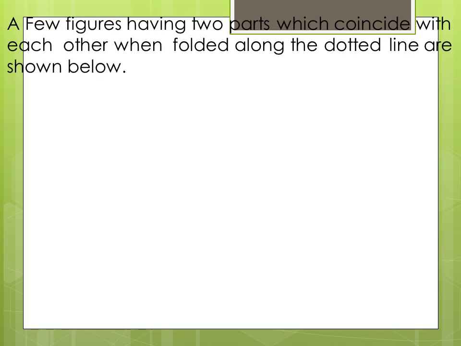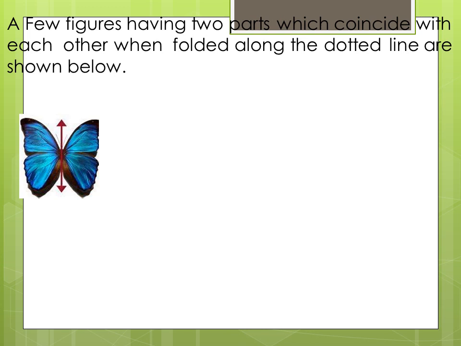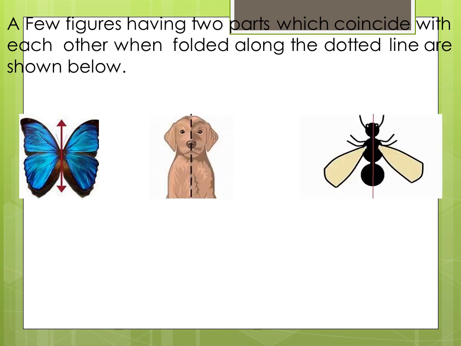Here you can see a few figures having two parts which coincide with each other when folded along the dotted line are shown below. Here you can see a butterfly, a dog, and an ant, or an insect.